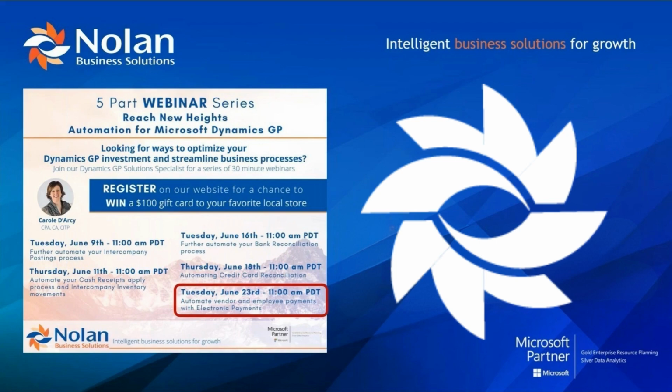The first one is around connectors for credit card merchant accounts or corporate credit cards, similar to what we have available for bank accounts. Great question. Thanks for asking. Yes, forgot to mention that as we discussed on Tuesday, we have a new offering that we call Nolan Cloud Services, and the tool gives us the ability to create SFTP or API connections to various financial institutions or credit card merchant gateways.